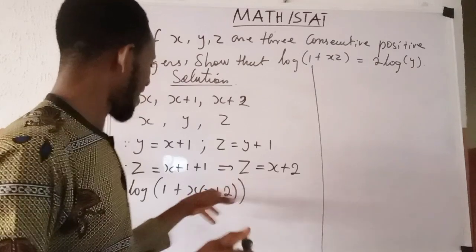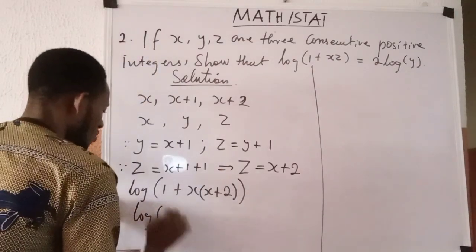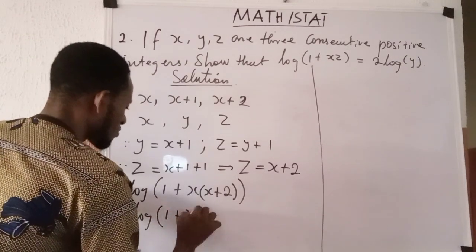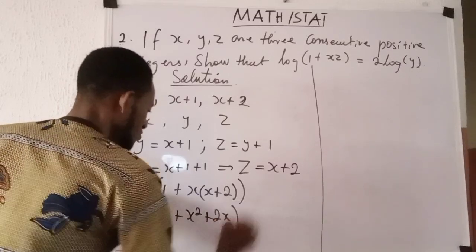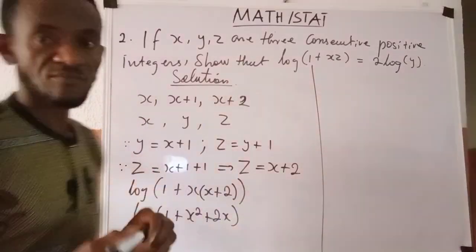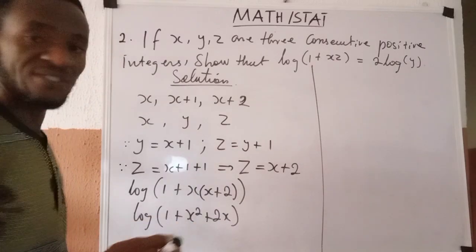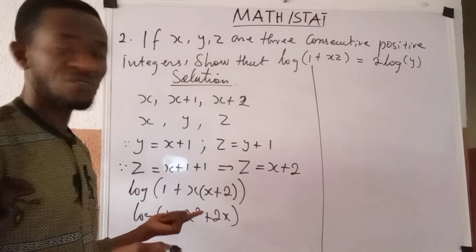If you open this bracket here now, you end up having log of 1 plus x times x, which is x squared, plus x times 2, which is 2x. As a way of solving what is inside the bracket first, looking at this, it is already a quadratic expression.